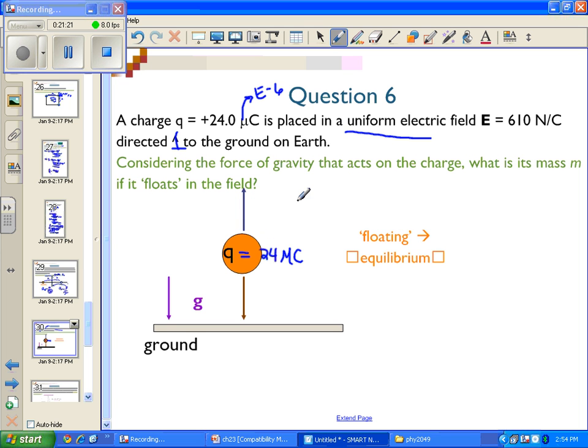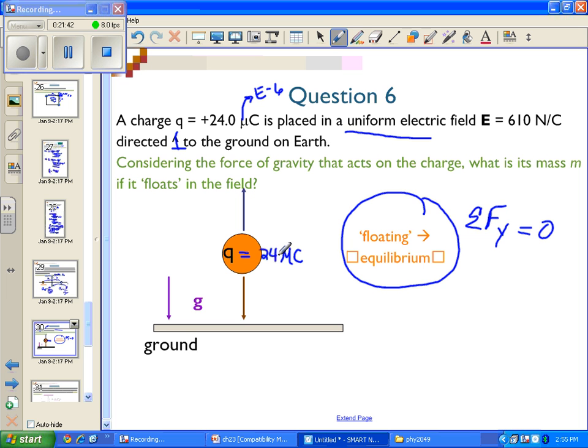Now that's important here because floating implies that there is no net force, and of course this is going to be along the y direction. So equilibrium means our charge is not accelerating, and in fact it's not even moving.